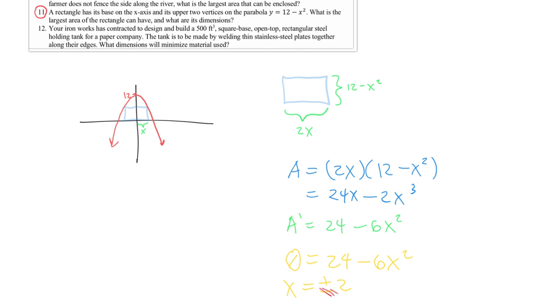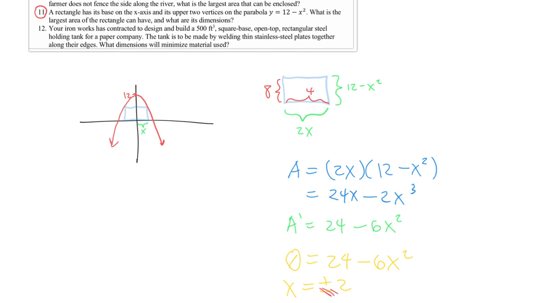And at the end of the day, x equals positive 2 for this rectangle, and therefore we are looking at a length of 4. And if we were to plug 2 in here, it would be 12 minus 4, which is 8. So this would be a height of 8. And being very clear about what they're asking, what is the largest area?